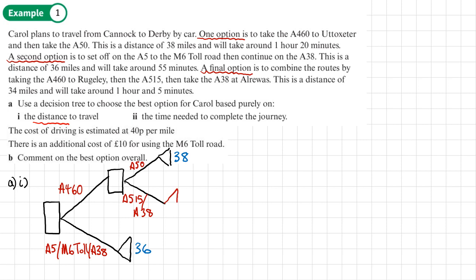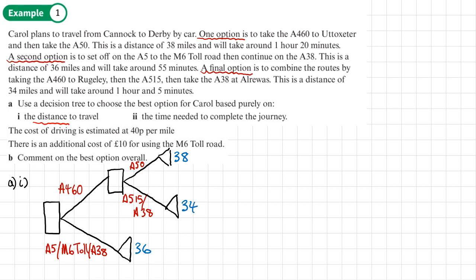So here's my payoff node, which I'll do in black. Whoops, don't want to take lines out, so here we go, like that. There's my payoff node or end node, and if I take that route, so that is route number 3, in terms of distance, that's 34 miles. So I write 34 here.